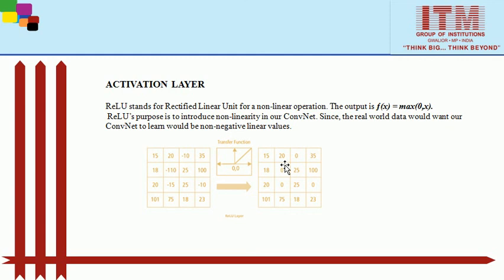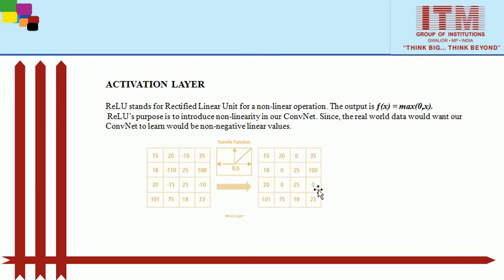It works in a sequential manner. This is called linearity, but sometimes it is required that we leave some information and just focus on some important parts of the picture to find out whether this picture belongs to that particular category or not.